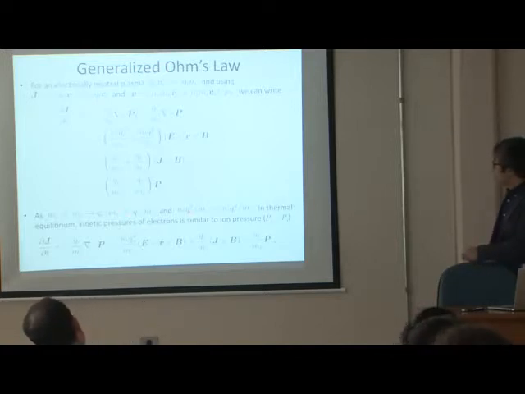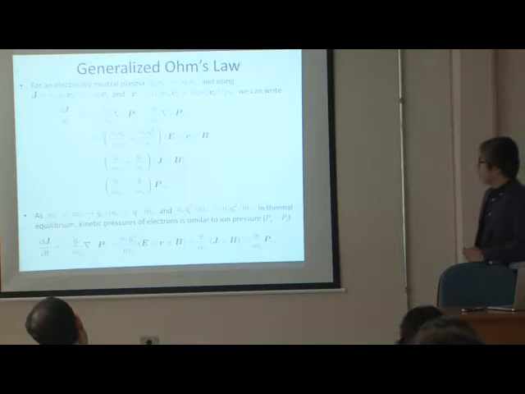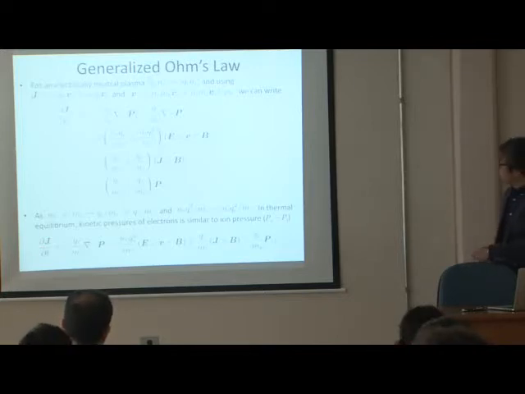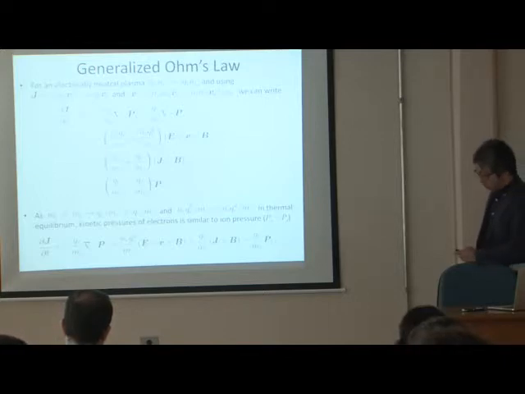Similarly, the ne qe squared term is also much larger than the ion term. In thermal equilibrium, the electron kinetic pressure is also smaller than the ion pressure. Then we can rewrite the equation like this, and we still have four terms left in the generalized Ohm's law.